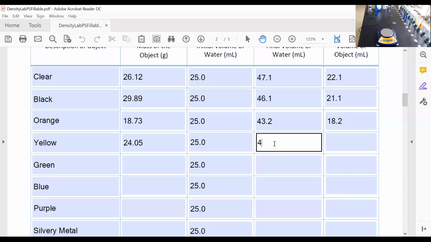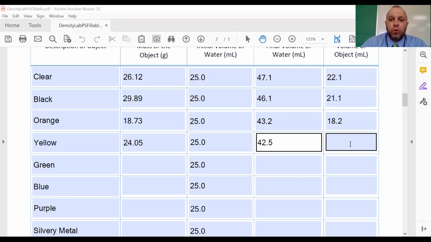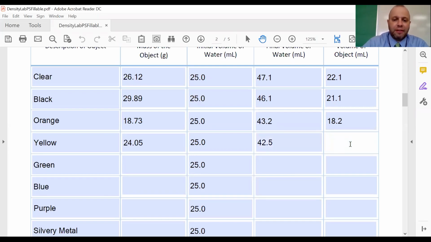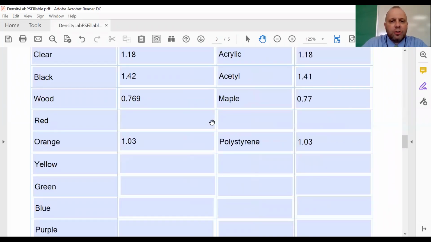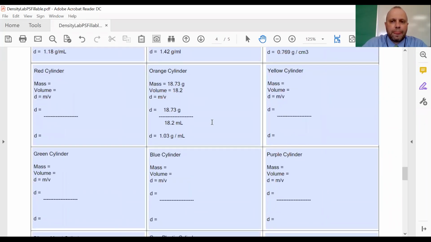So in here, we're going to type in 42.5. So for our volume, we're going to have 17.5 milliliters. I'm just going to jot down these two numbers really quickly, 24.05 and 17.5. We're going to go down to our calculations section.